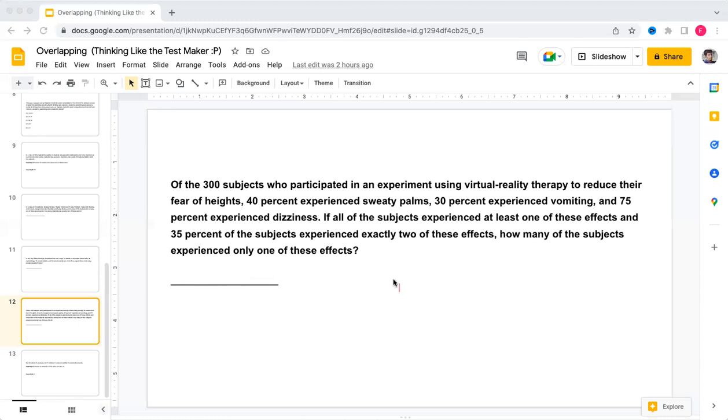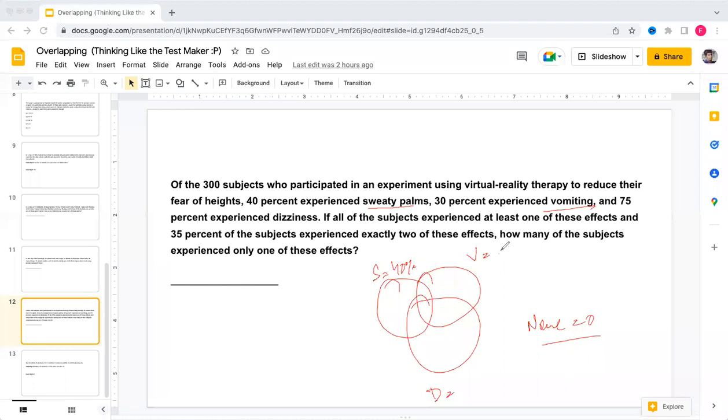So if I solve this using the Venn diagram, first of all, none is 0. The next thing is total is equal to 300. Just keep it for a while. One is sweaty palms, let's call this S. Next is vomiting, let's call this V. And last is dizziness, let's call it D. So sweaty palms is about 40%, this is about 30%, and this is about 75%.